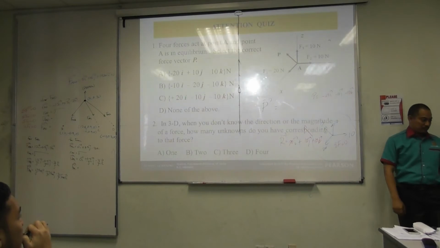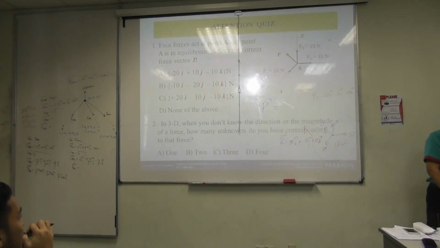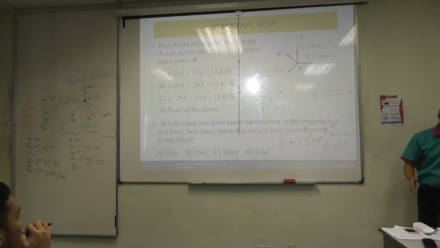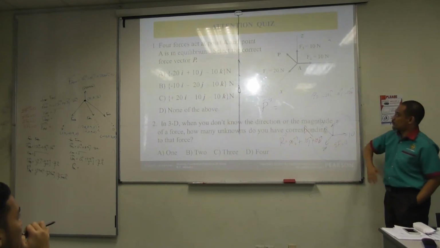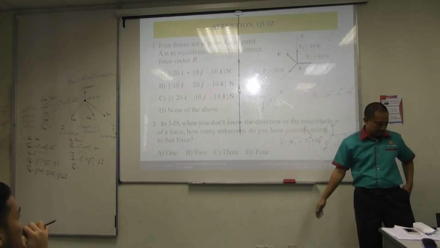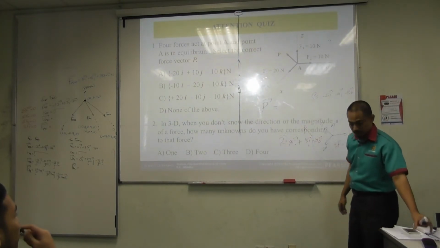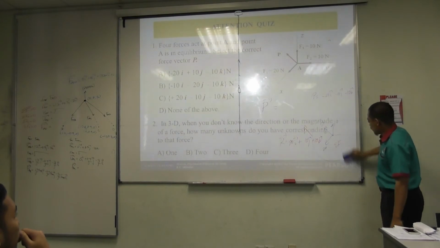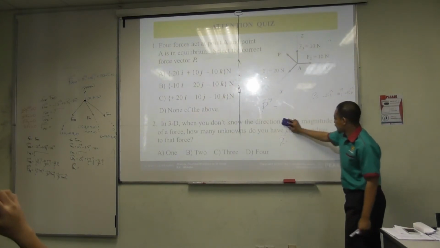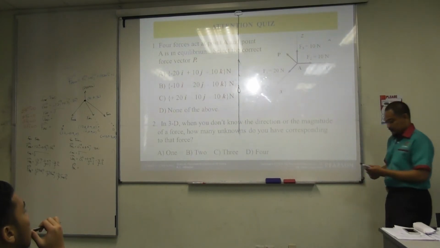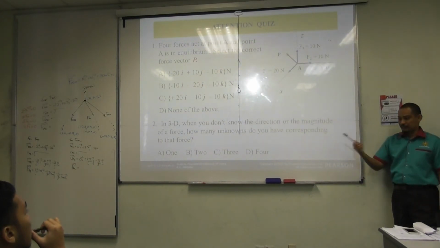Okay, in 3D, when do you not know the direction or the magnitude? Meaning any force where you don't know the direction or the magnitude. How many unknowns do you have? 3. What are the 3 unknowns? Basically Fx, Fy, and Fz, right?